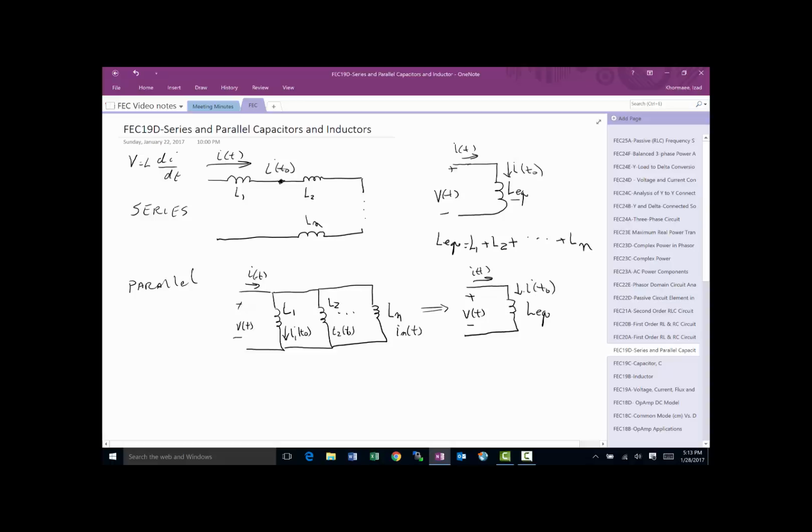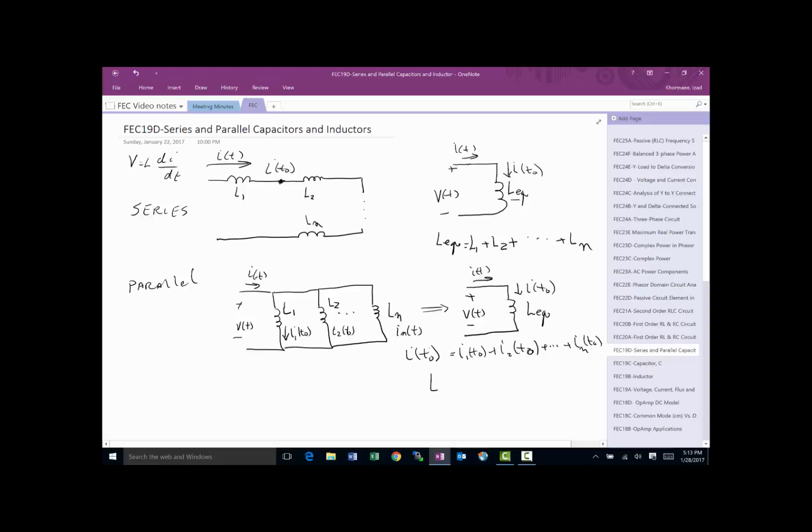In this particular case, we will apply the KCL, and we'll say the initial current that comes this way is equal to the sum of all these currents. So I at time t0 for the end result is equal to I1 at time t0 plus I2 at time t0 plus In at time t0. That's a new thing we do for inductors, finding the initial current through them.